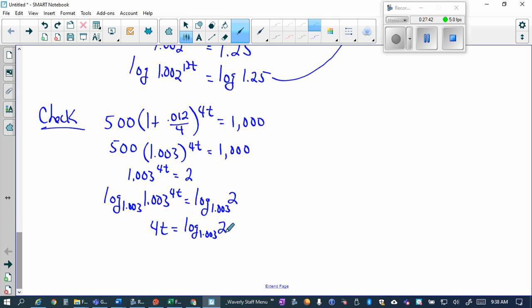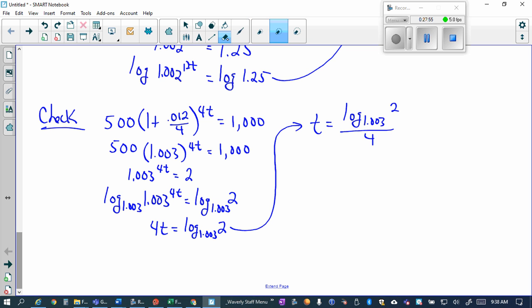And then if we divide by 4, we get t equals log of 2.